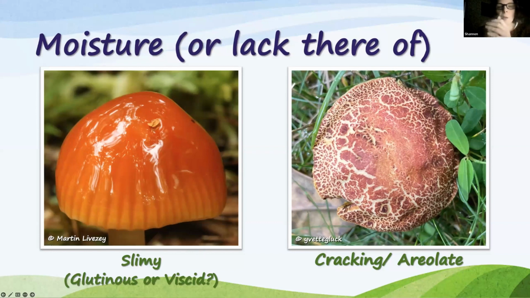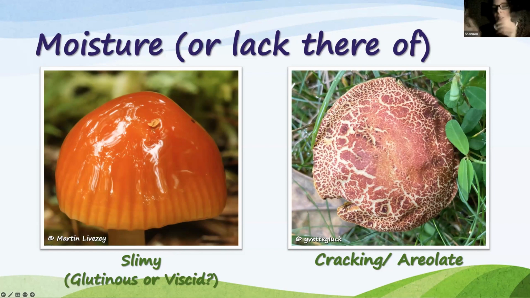The sliminess can be a really helpful and important diagnostic feature for both the cap as well as the stem. But this typically is only evident in relatively fresh specimens. So if this is useful and helpful, you are not necessarily going to come across the mushroom when that particular feature is evident.